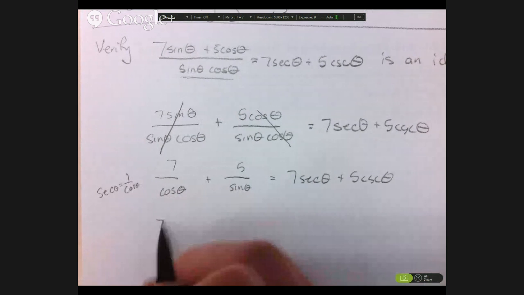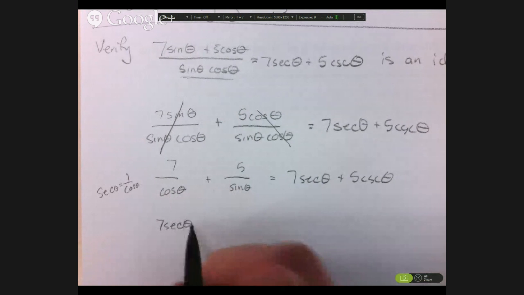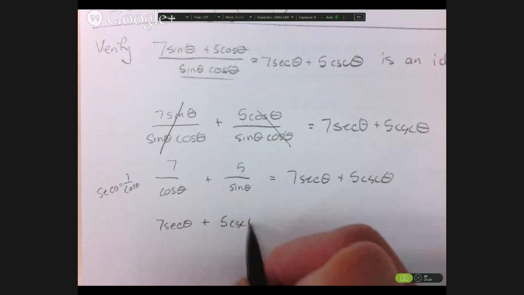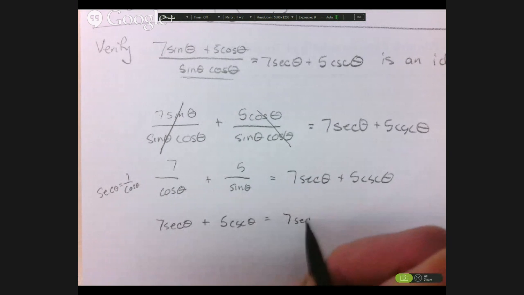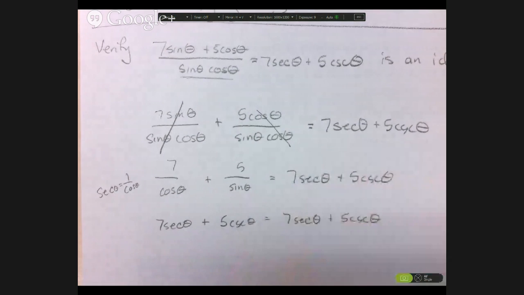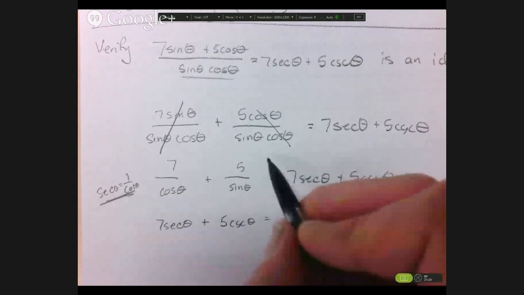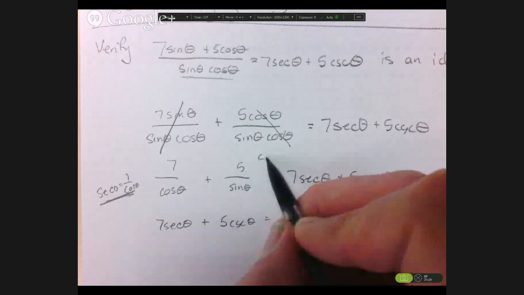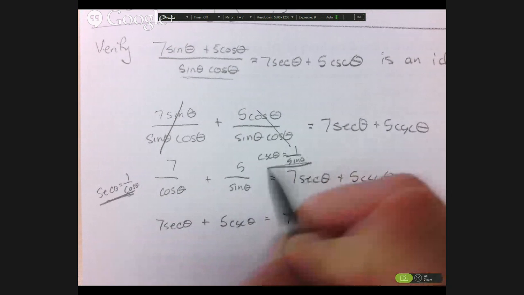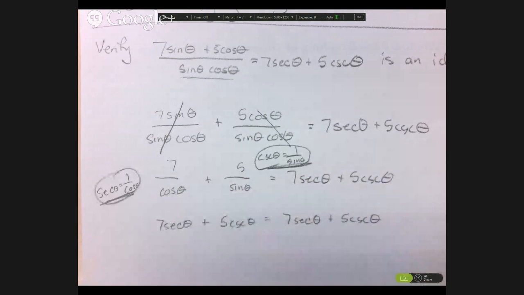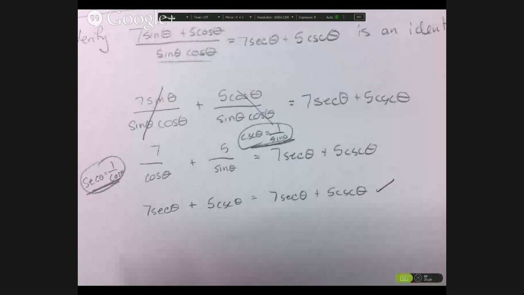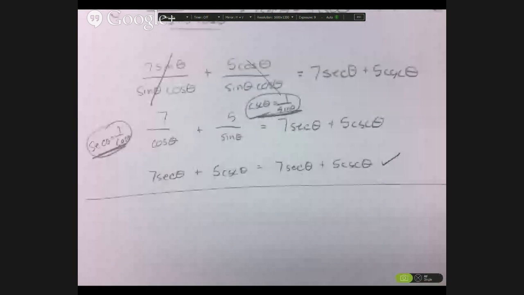Right, so 7 secant, and then this would be 5 cosecant. So there's an identity, and there's an identity. So that's what we use there. And we're good, right? Verified.